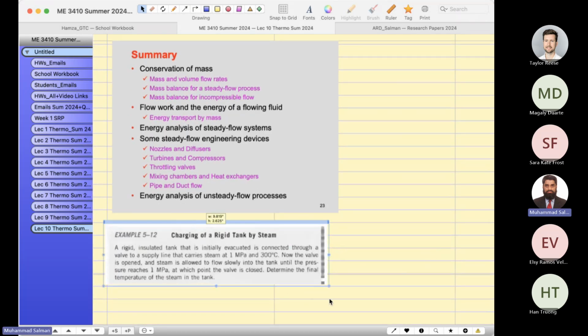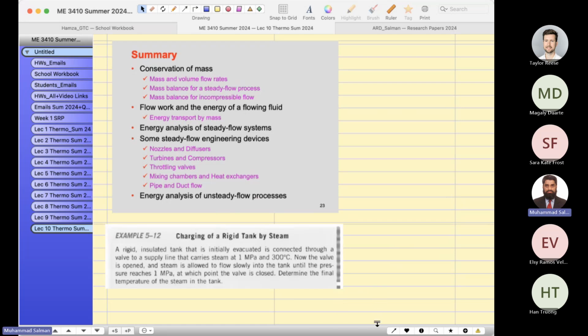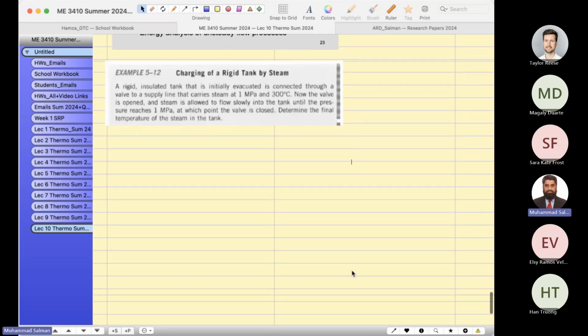So let us solve a few problems. This is the problem of an unsteady flow process.